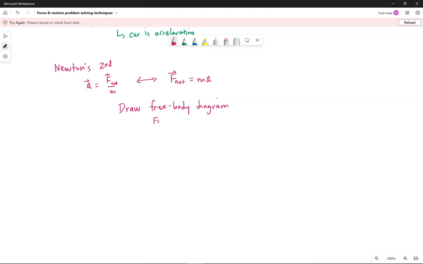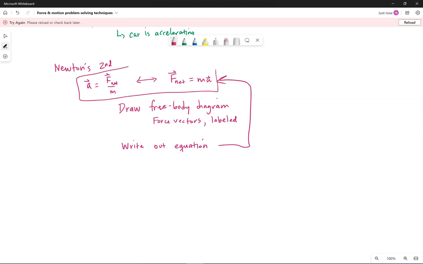So force vectors that are labeled so we know which forces we are accounting for. Once we feel comfortable that we have all the forces, then we're going to write out the equation representing Newton's second law, whichever way we want to write it.